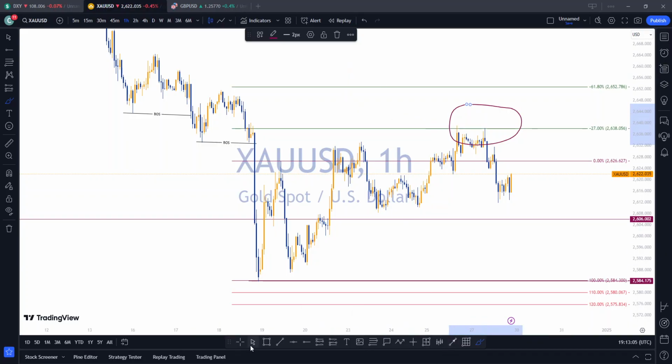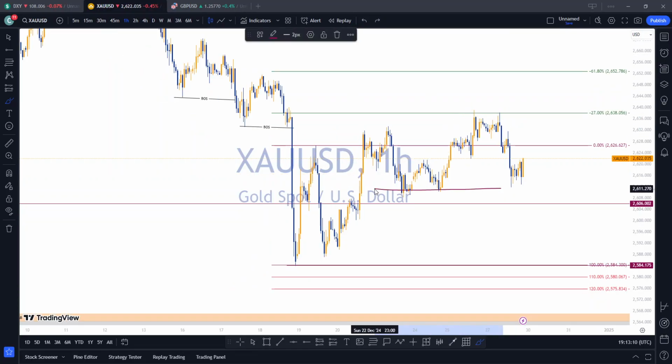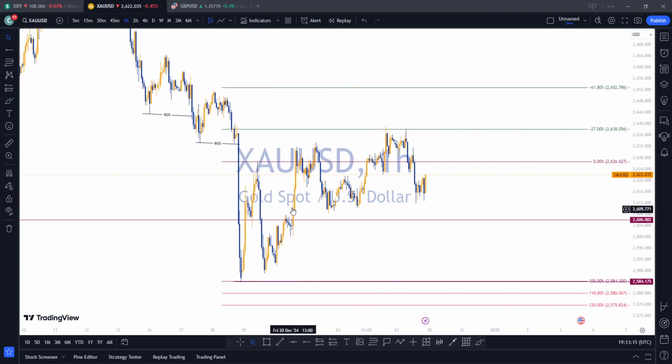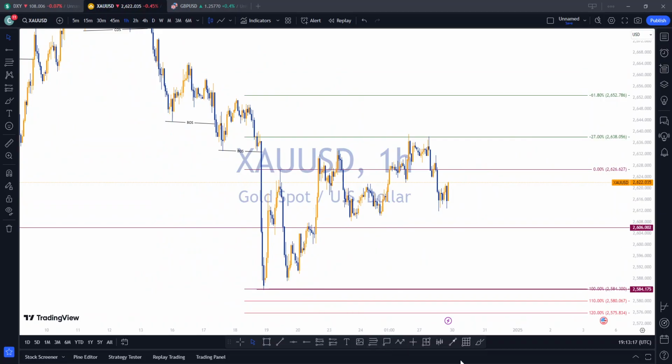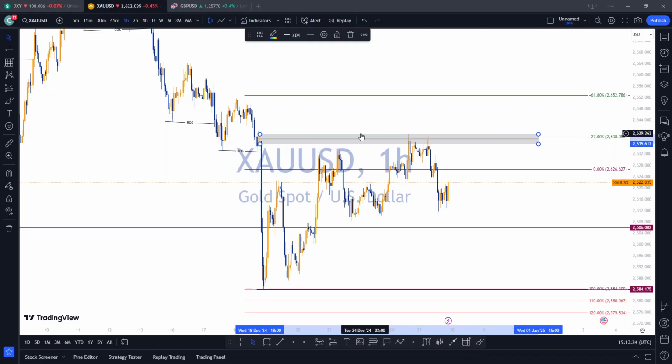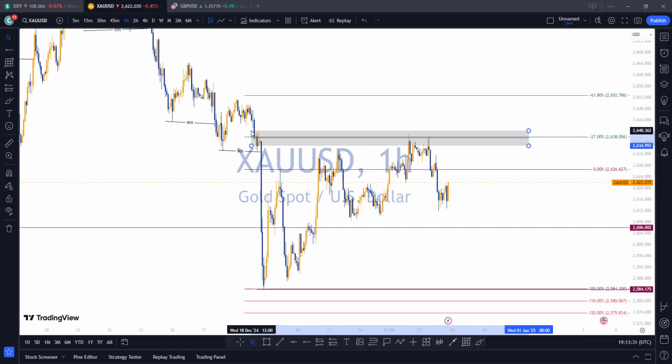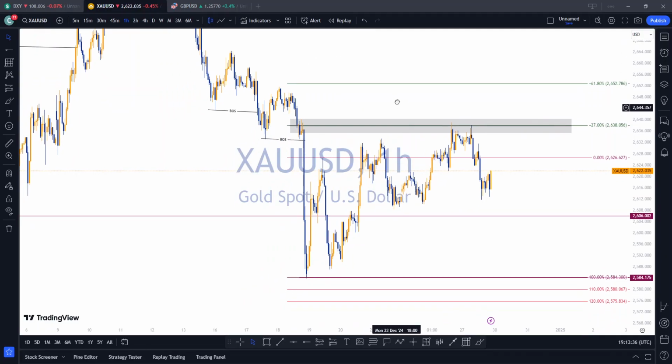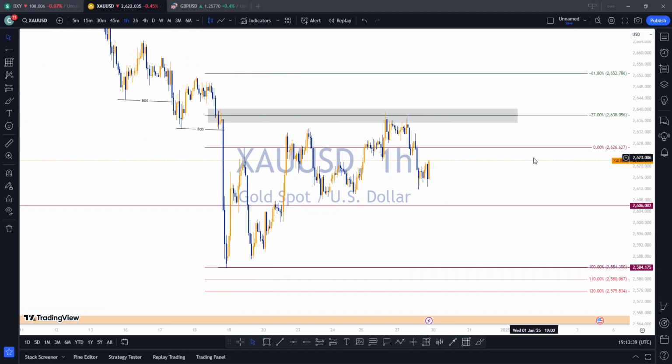So I was expecting some sort of reversal move from the area, which we did, right? So it reacted from this area right here. That's where the market reacted from, this area right here, and tanking to the downside, right?